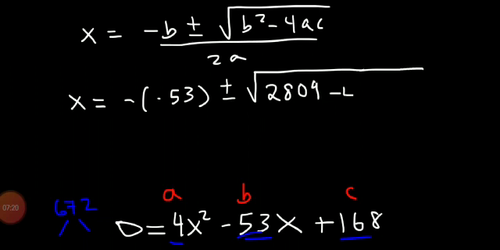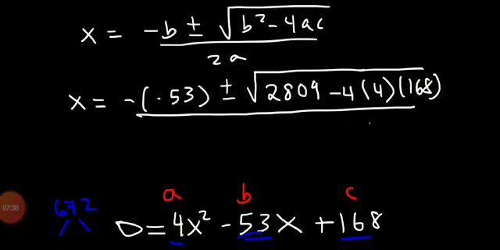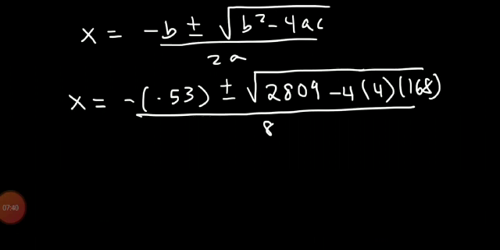As we have discussed the quadratic formula in exercise 1.2, after putting the values, the replacement of b is negative 53, a is 4, and the value of c is 168. 2a, 2 multiplied by 4, its denominator will become 8.